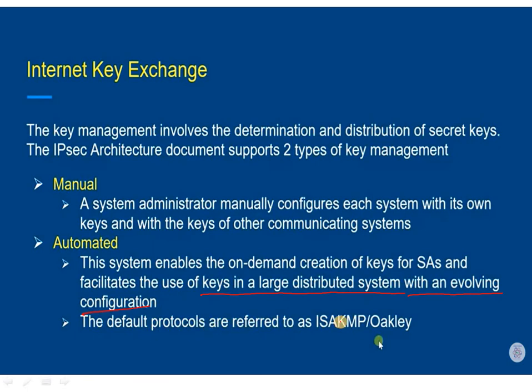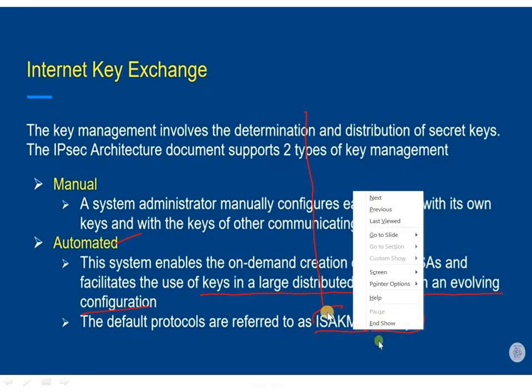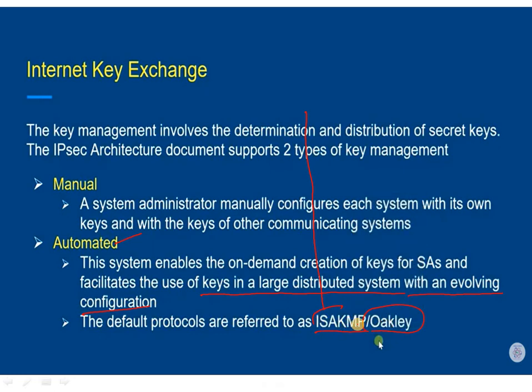It facilitates the use of keys in a large distributed system with an evolving configuration. The default protocols in the automated system are ISAKMP, which we have covered just now, and the Oakley key distribution protocol. ISAKMP is the Internet Security Association and Key Management Protocol.